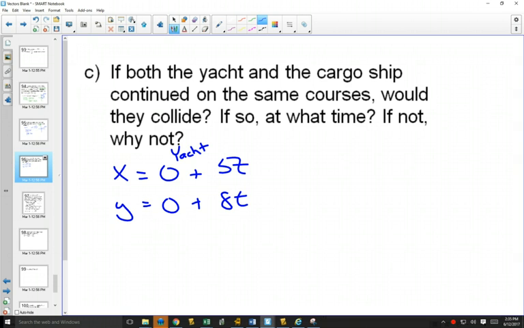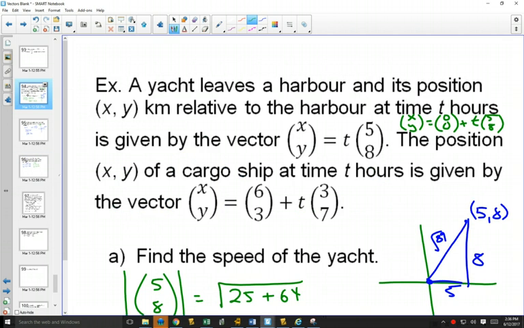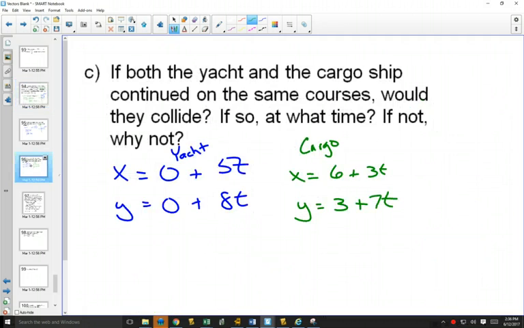And for your cargo, your starting point is 6, 3 and direction 3, 7. So 6 plus 3t and 3 plus 7t. Did I get all those numbers right? Yes. Those are our two parametric equations.